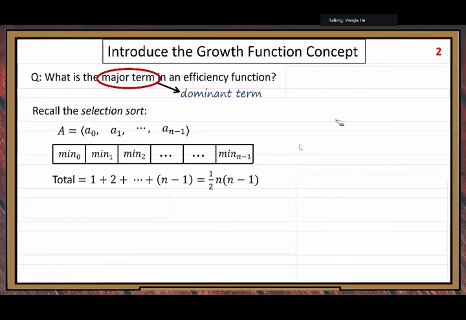You can see the original efficiency function contains a lot of less important information. That's the distraction part. We don't want to keep those less important, minor terms, so we want to remove that part.